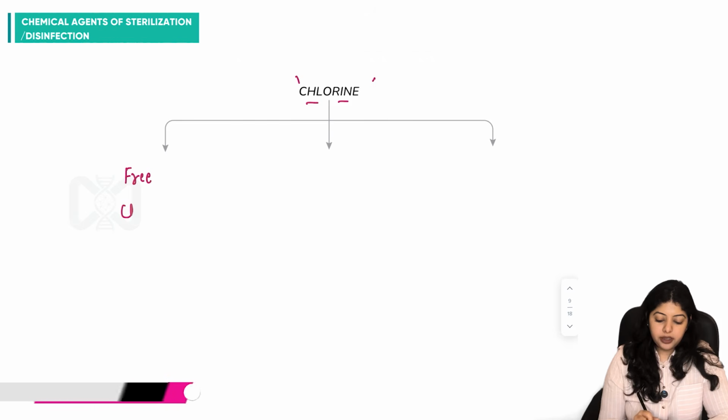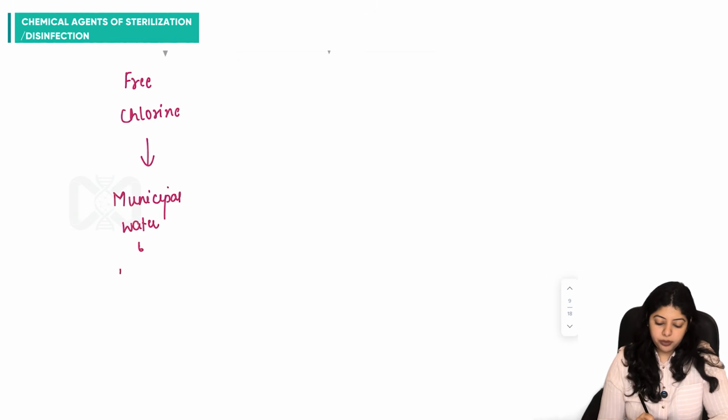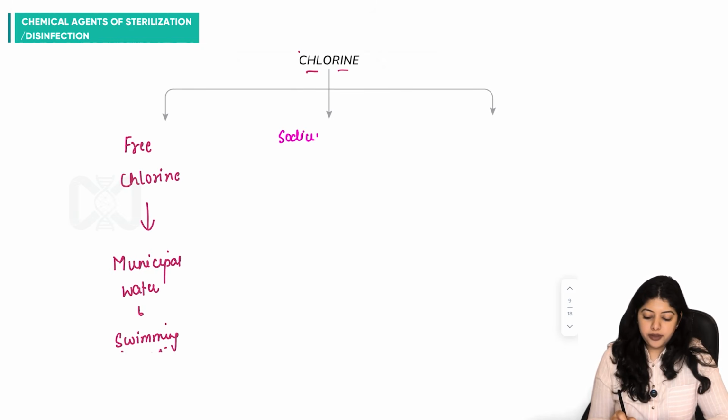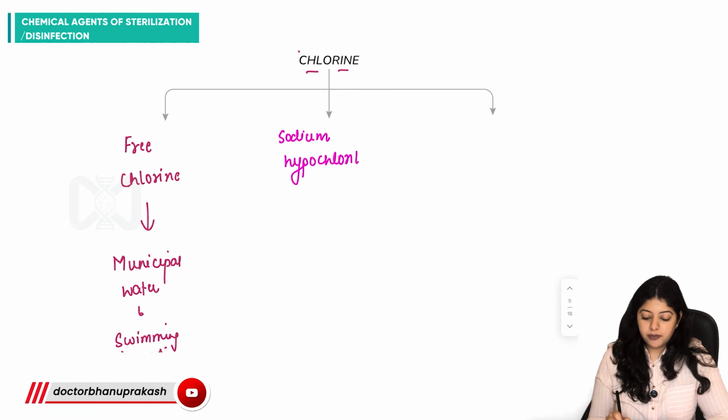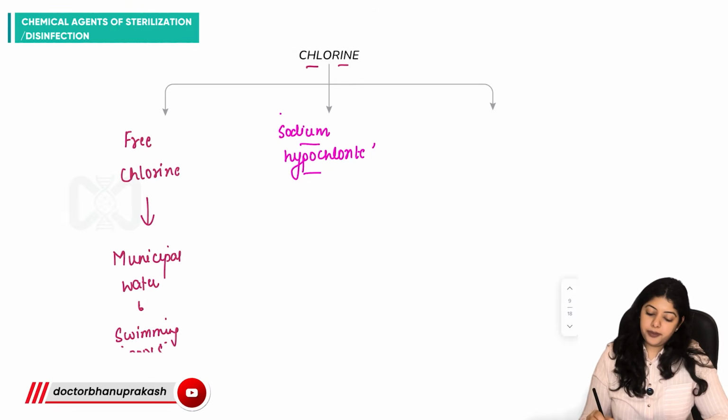One is free chlorine, which is used for municipal water treatments, swimming pools, and then we have sodium hypochlorite and calcium hypochlorite.